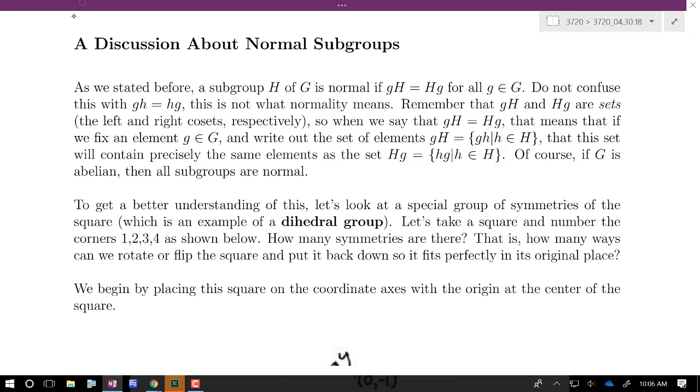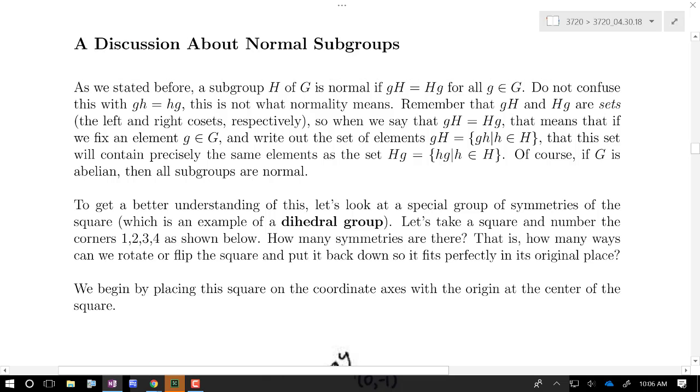You might recall that we defined H to be a normal subgroup if G times the set H is equal to H times the set G for every element G in G. Now that doesn't mean that the operation itself is commutative. That's not what normal means. It's not saying that on an element by element comparison you get the same thing.